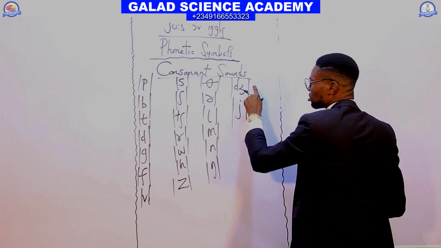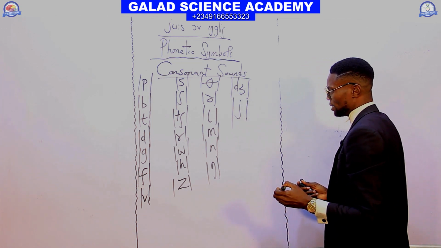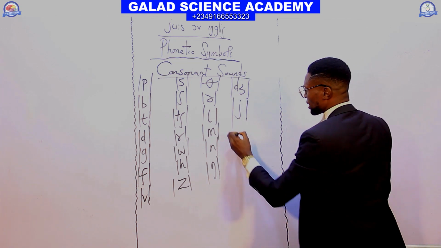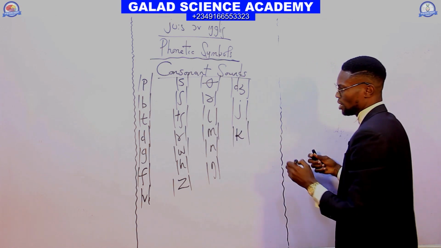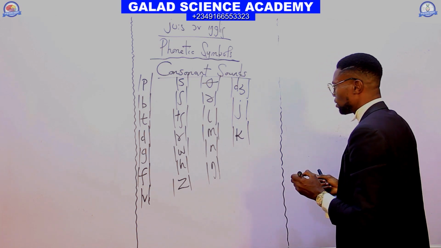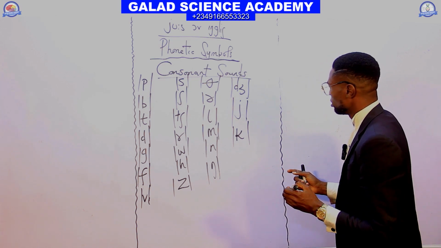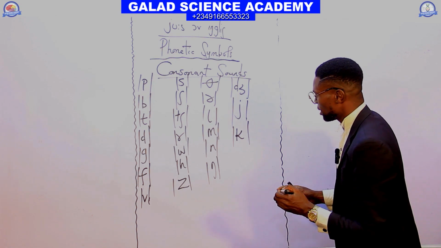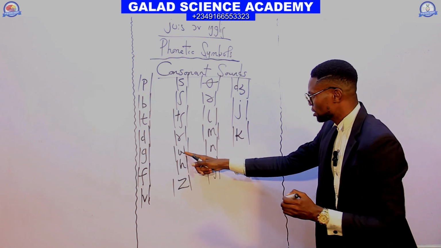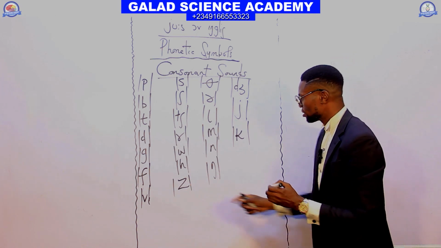I'm left with two of these sounds to place here. I think I've not taken this sound. It's not there yet. And I've not also taken one sound, which I'm trying to quickly look at. Okay, I've taken these.